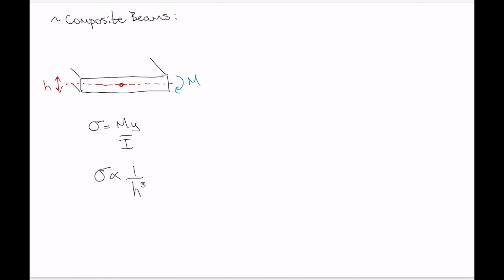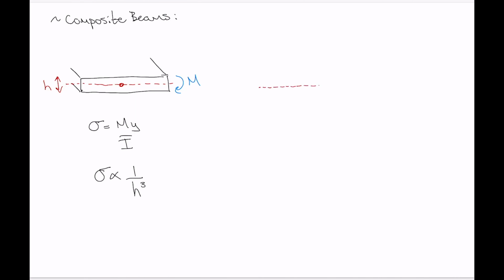So we want to take this cross-section here that is made of some sort of, let's say, strong, probably heavy material, and we divide that material in two and move it away from the centroidal axis.